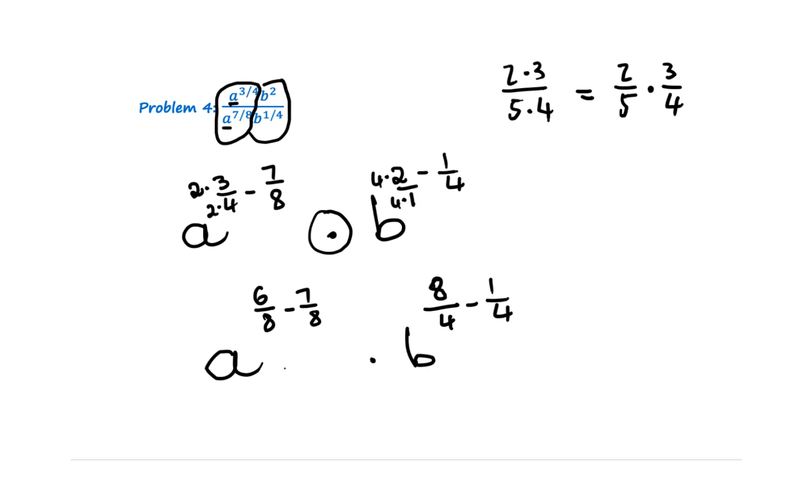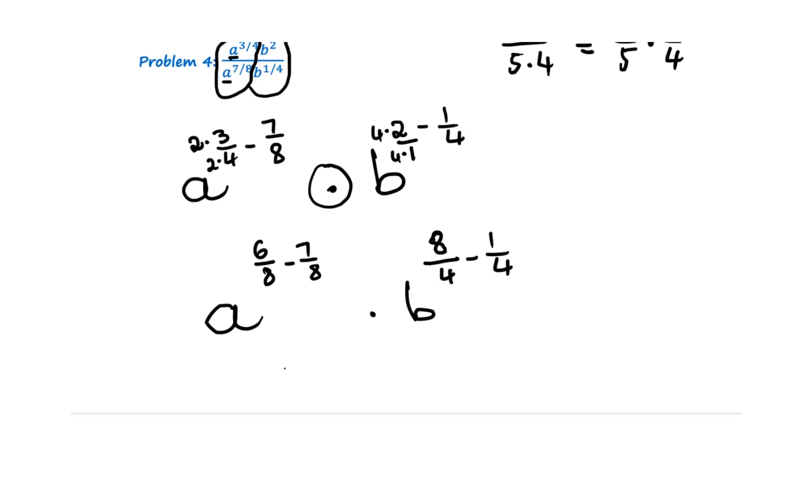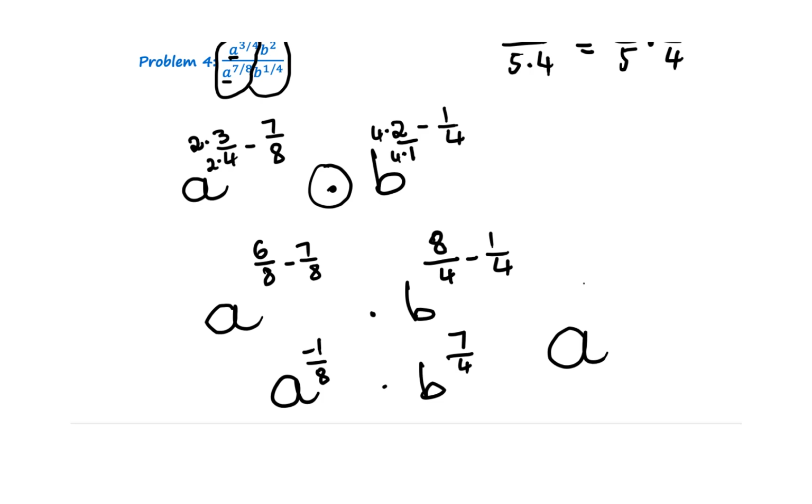Now they have the same denominator. So for a, I keep the denominator and subtract the numerators. So 6 minus 7, that's -1. And here for b, keep the denominator, so 8 minus 1, that's 7. So your answer at the end is a to the power of -1/8 times b to the power of 7 over 4.